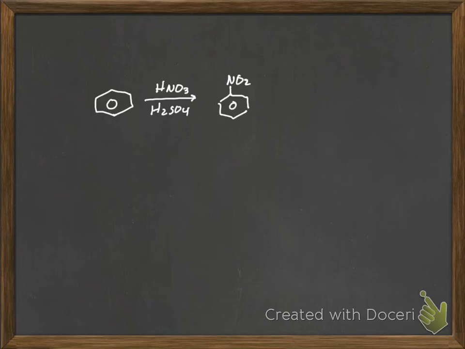There's one other way you can do this, and it's with the nitro group. And we get nitrobenzene. Now, let's iodinate this, I2 and HNO3.